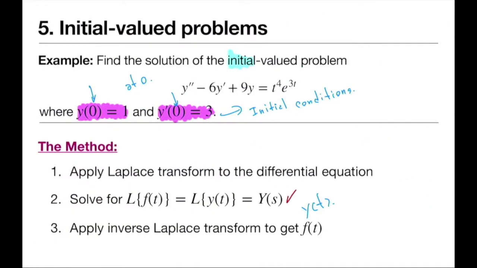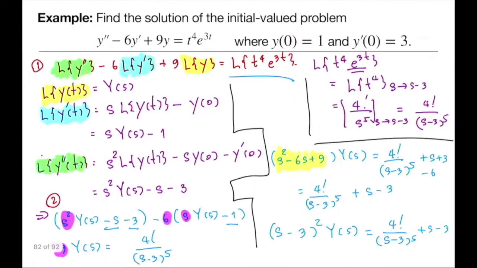First, we apply the Laplace transform to the whole equation. Second, we solve for Y(s). So right now we get Y(s). Guys, don't forget Y(s) is actually the Laplace transform of y(t).